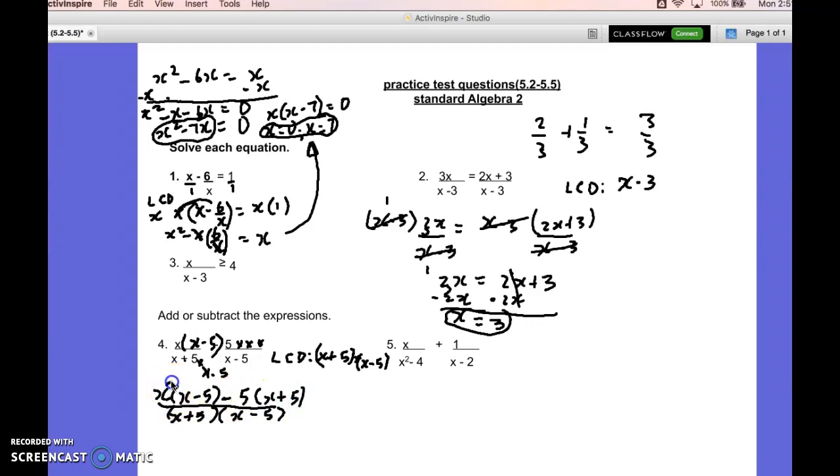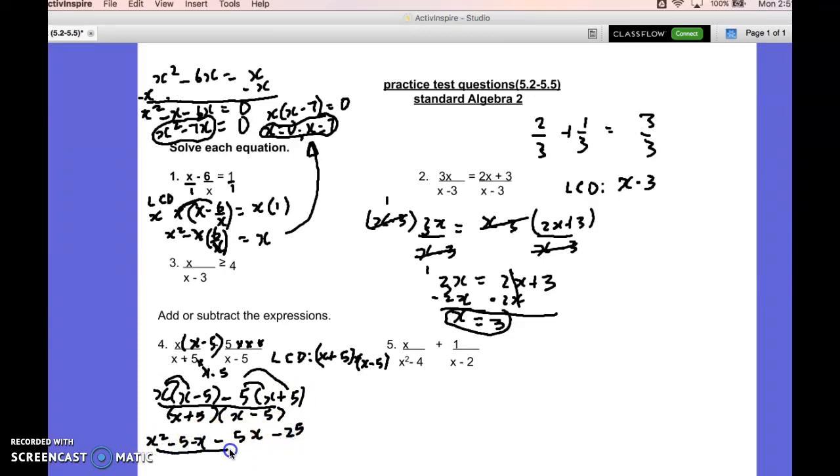So when we work this out by the distributive property, we get x squared minus 5x. This here would be minus 5x. Then 5 times this would be, so negative 5 times a positive 5 would be a negative 25.